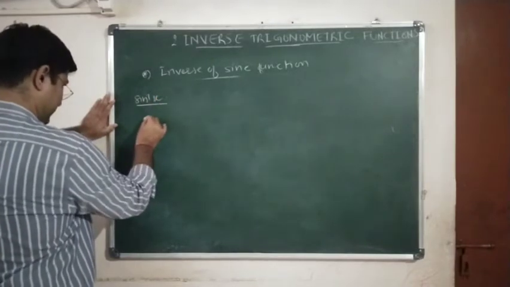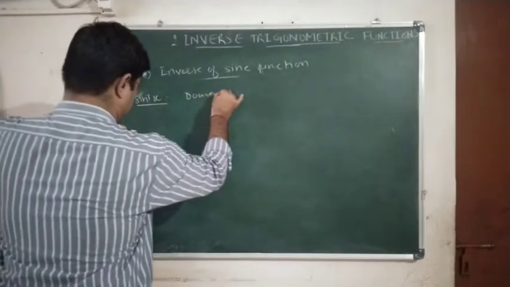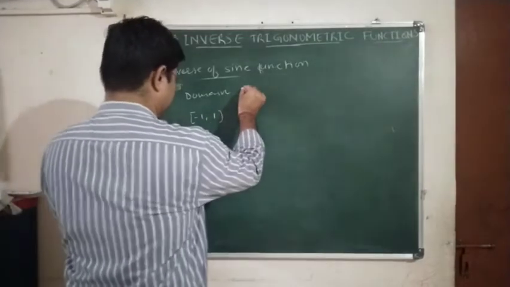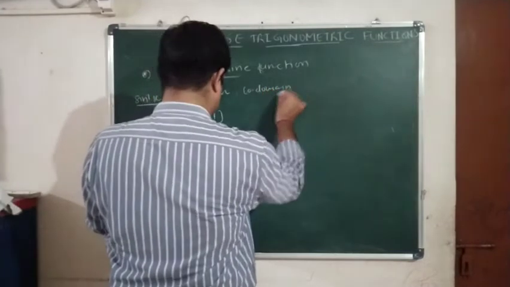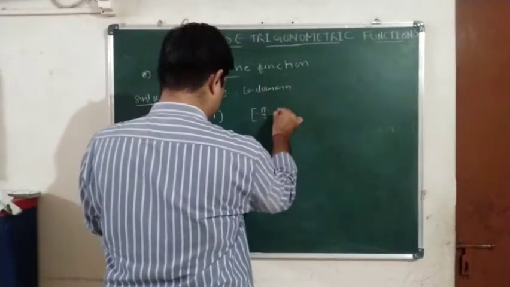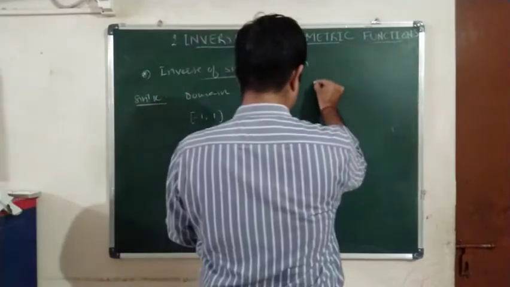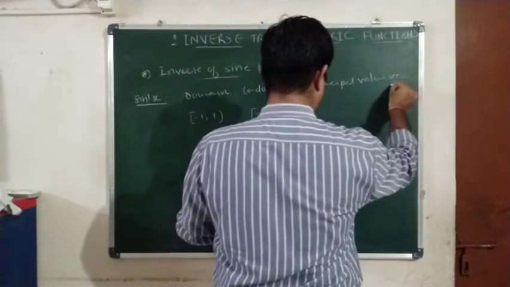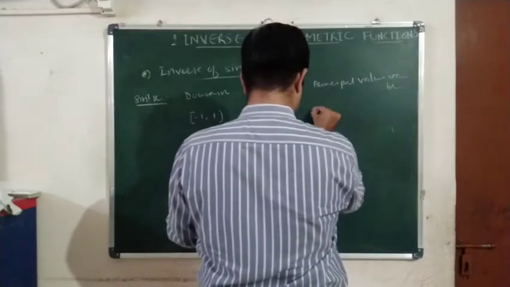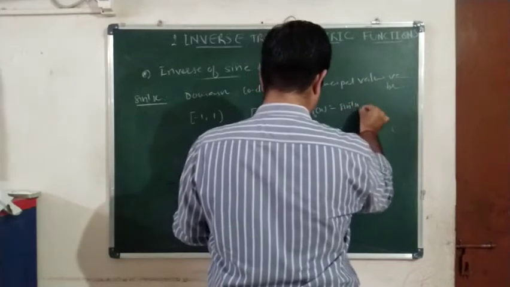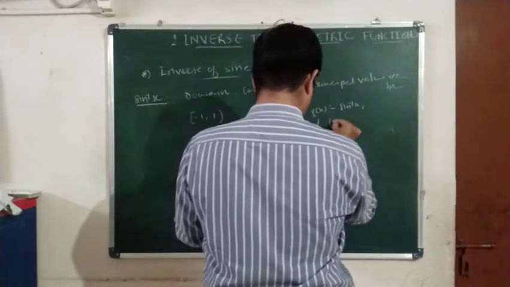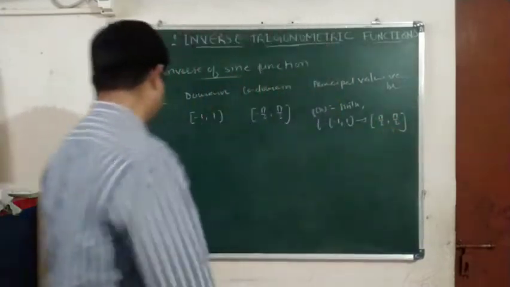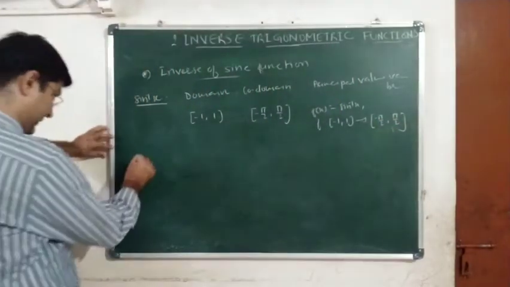For sine inverse x, the domain will be minus 1 to 1, the codomain will be minus pi by 2 to pi by 2, and the principal value branch will be f of x is equal to sine inverse x, f from minus 1 to 1 to minus pi by 2 to pi by 2. Clear?